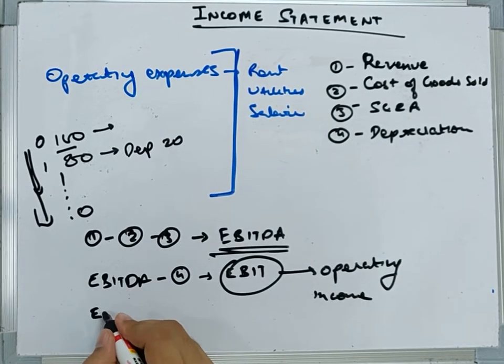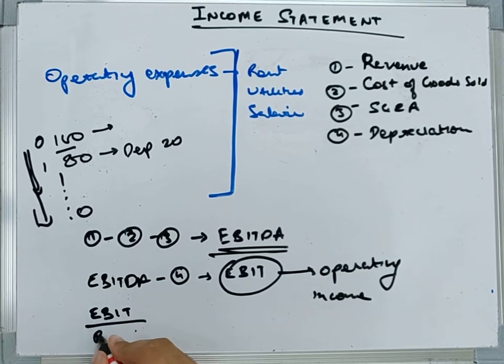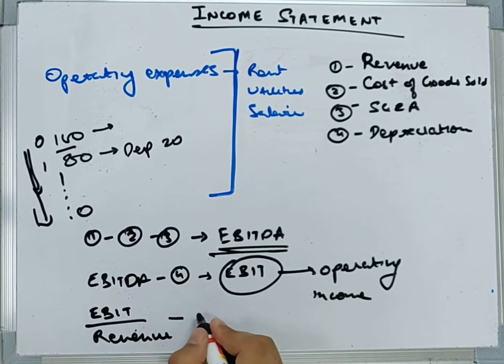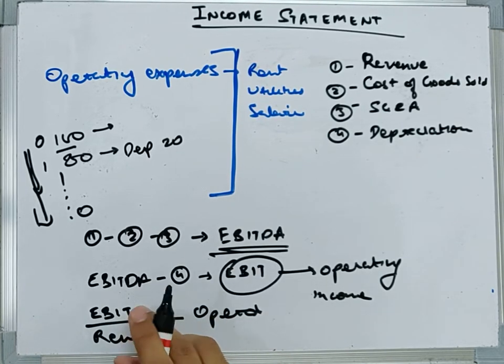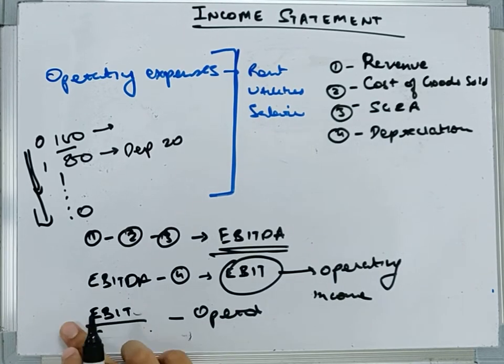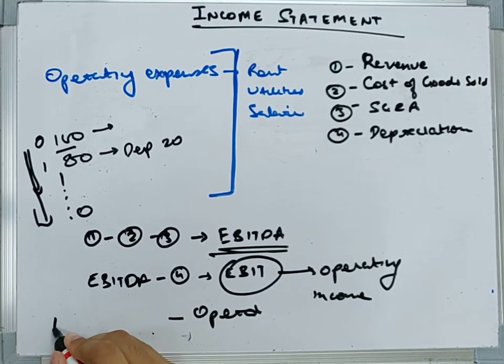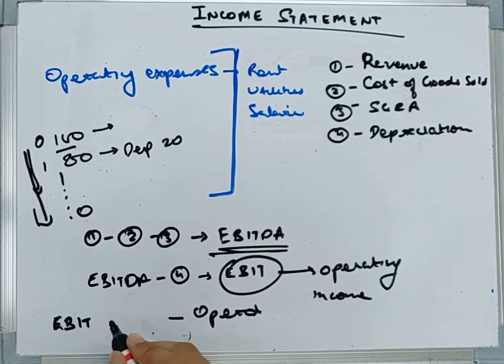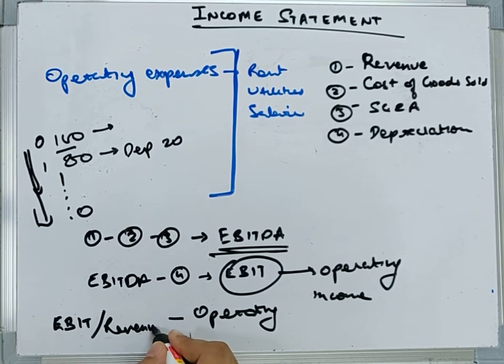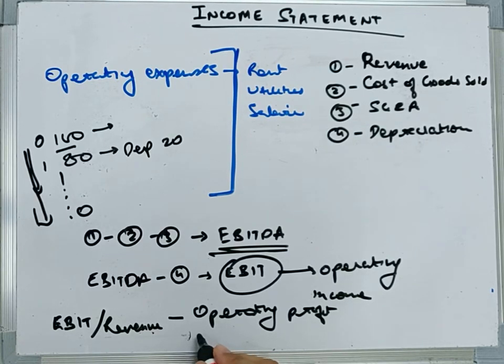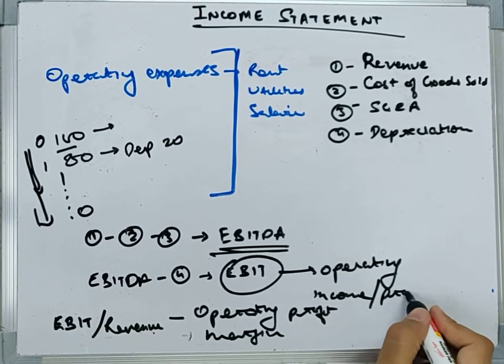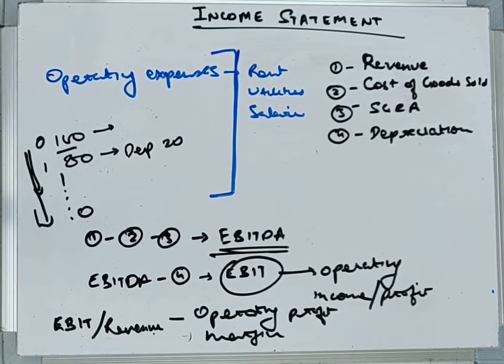Now EBIT upon revenue will give you operating profit margin. This is known as operating income or operating profit.